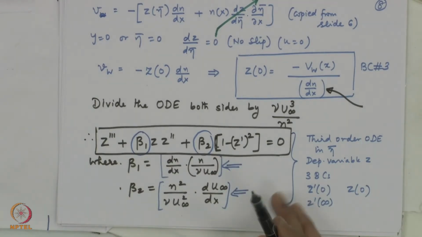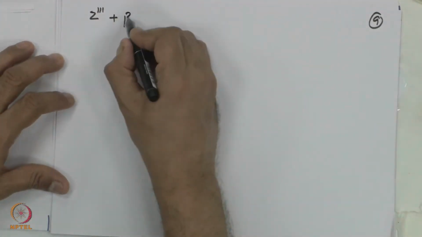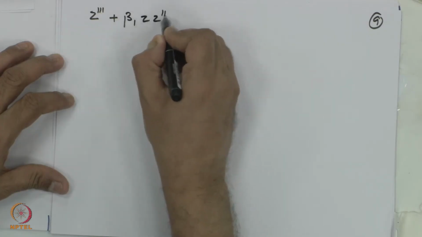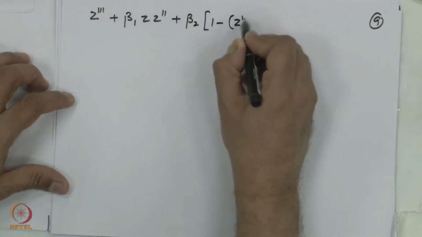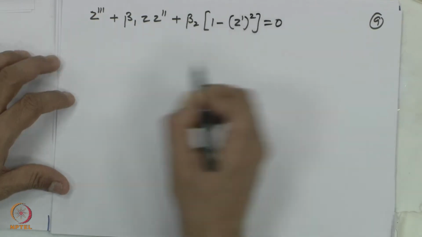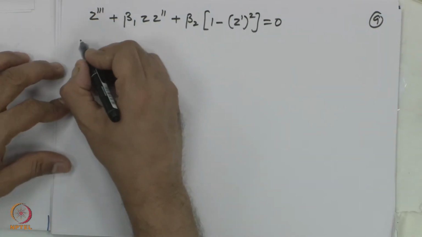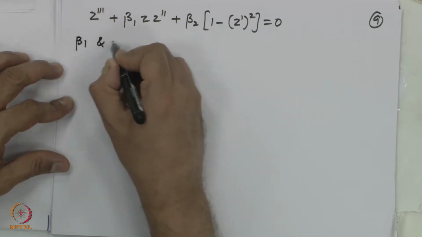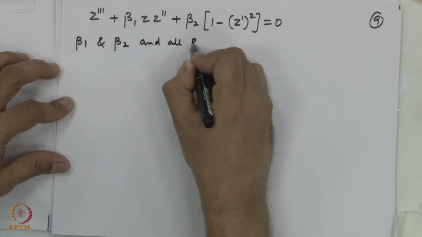Therefore, this equation on slide number 9, z triple prime plus beta 1 z double prime plus beta 2 times 1 minus z prime squared equal to 0, will admit similarity only if beta 1, beta 2 and all the boundary conditions are free of x and y.